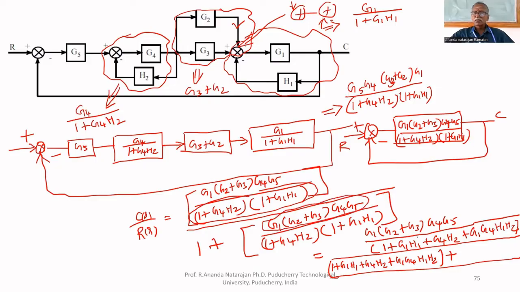Numerator part we have to write. So G1 G2 plus G3, G4, G5 whole divided by 1 plus G1H1 plus G4H2 plus G1G4H1H2. These two are getting cancelled.